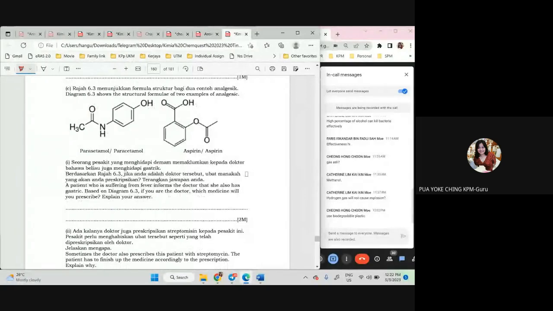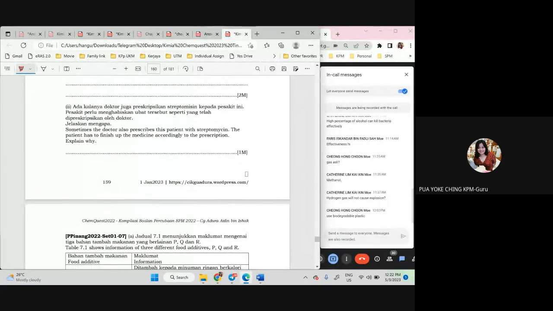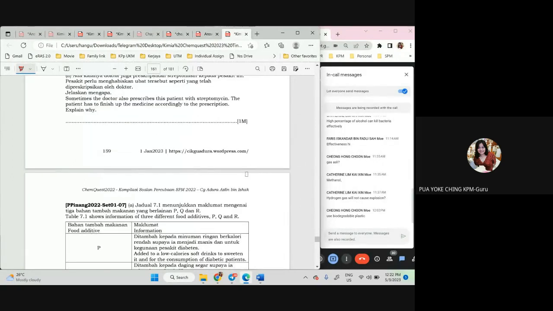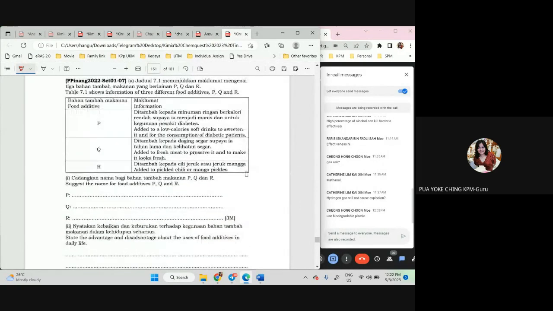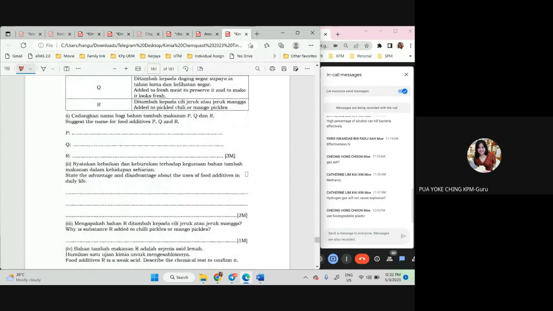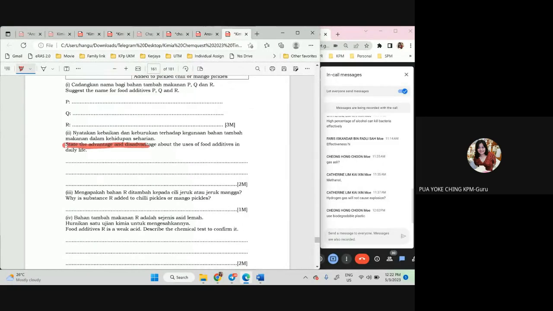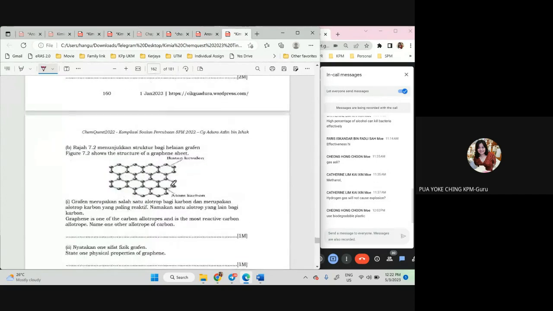So kalau you tengok almost all the questions of the modern medicine will ask you why lah. And then also the food additive. So food additive, this is the state, the advantage and disadvantage. Ataupun dia kata justify the use. Okay, wajarkan. So you need to write lah, patut pakai atau tak patut pakai.